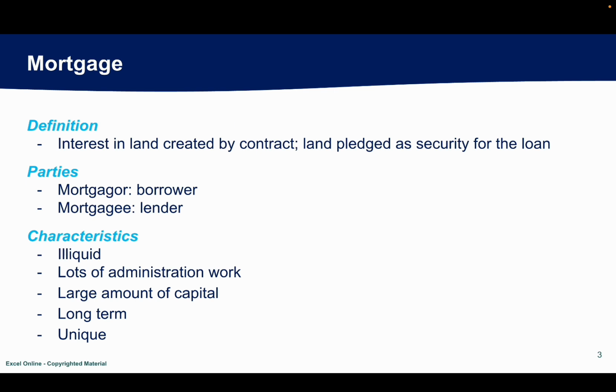Every mortgage loan is different. Someone may borrow $500,000 for 15 years. Another may borrow $1 million for 5 years. People can make monthly or weekly payments, and people can also have different interest rates. So those were some key characteristics of mortgages.